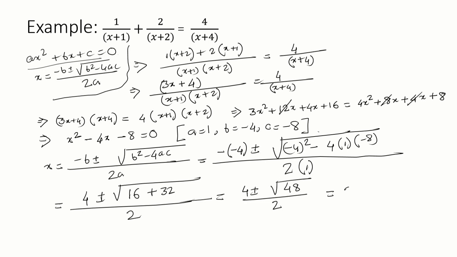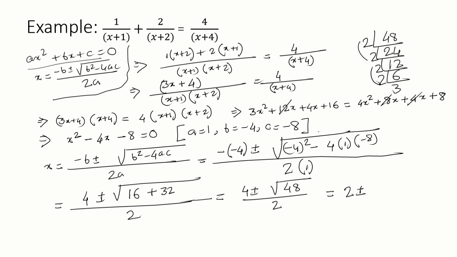So we get 2 plus minus, since 4 divided by 2 is 2. Now 48, what are the prime factors of 48? 2, 24, 2, 12, 2, 6, 2, 3.